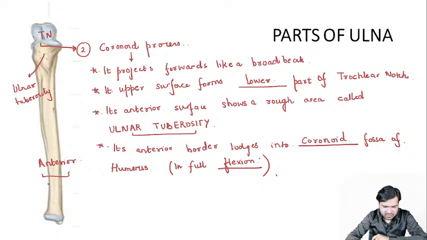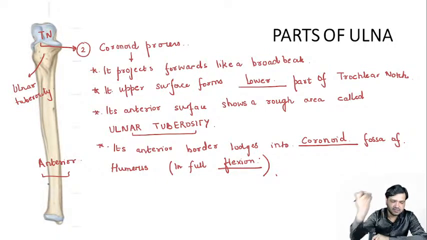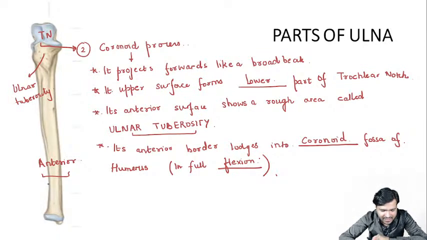Very good Kumud, very good beta, coronoid fossa. Devnarayan, very good. Umer, very good. It is flexion of the elbow, you will find the lodgement of this particular structure. Now can anyone tell me which muscles will be attached over here? Coronoid fossa, okay Vipin. Full flexion of the ulna.